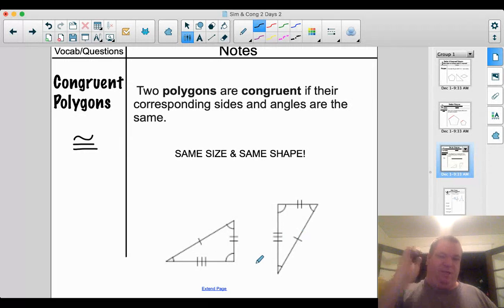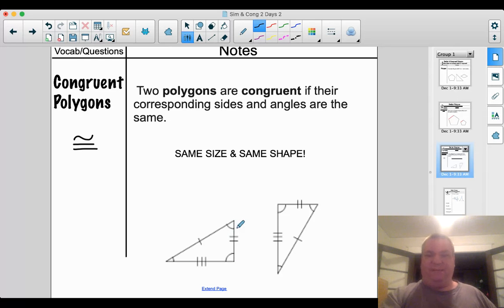Then you can see what the corresponding angles would be too. This angle here is between sides 2 and 3, so it would line up with this angle. If we twist it, it would overlap with this one. So these angles correspond, these angles correspond, and so do these. If those corresponding angles are the same measurement, you have the same shape.